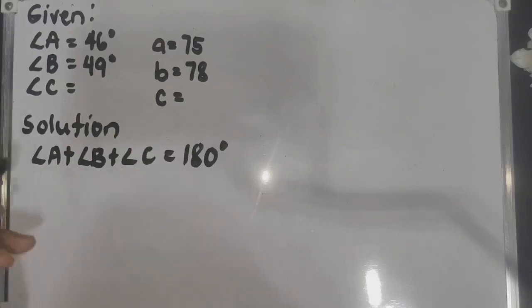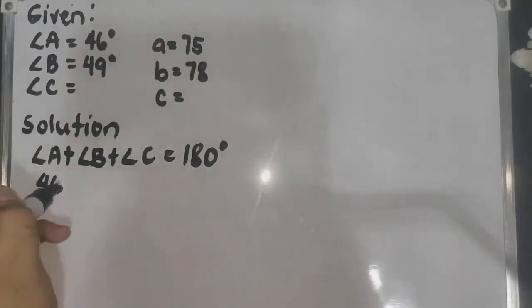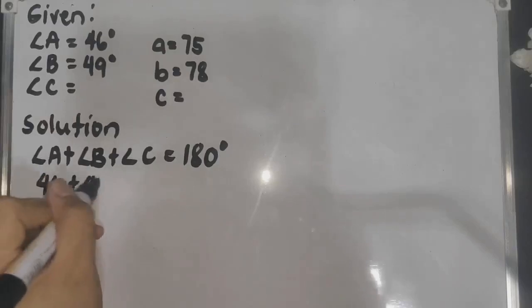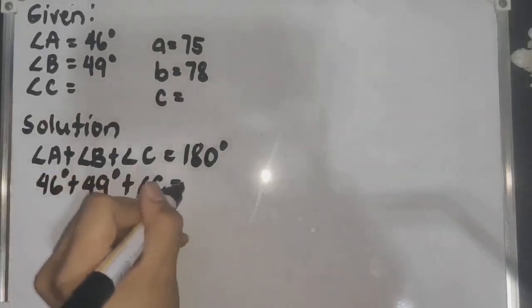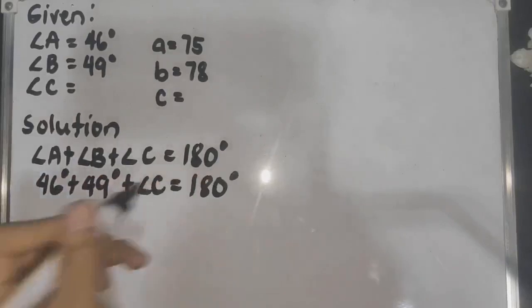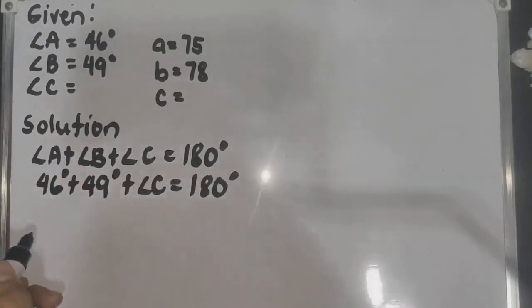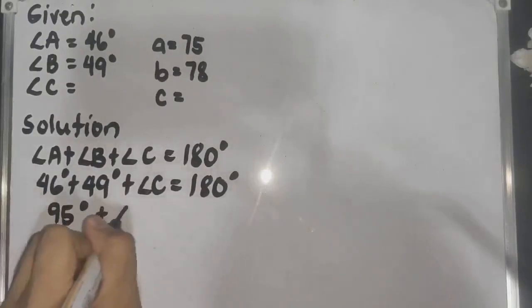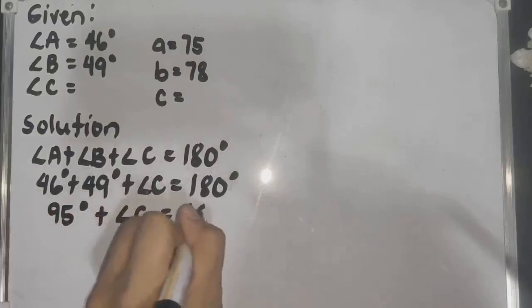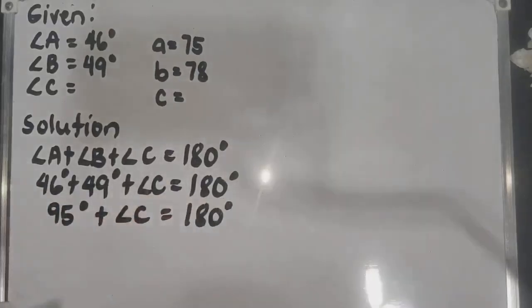So, ano ba yung angle A natin? 46. Plus, angle B is 49 degrees. Plus, angle C is equal to 180 degrees. So, 46 plus 49 is 95 degrees plus angle C is equal to 180 degrees.